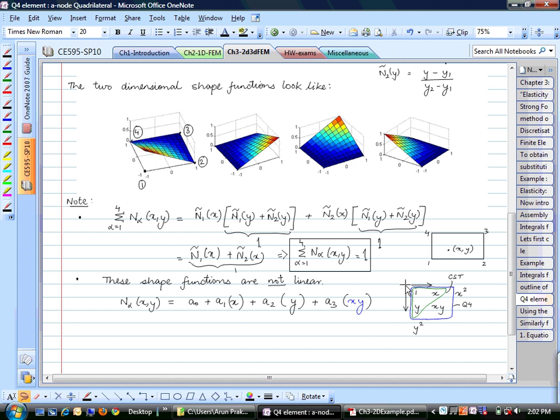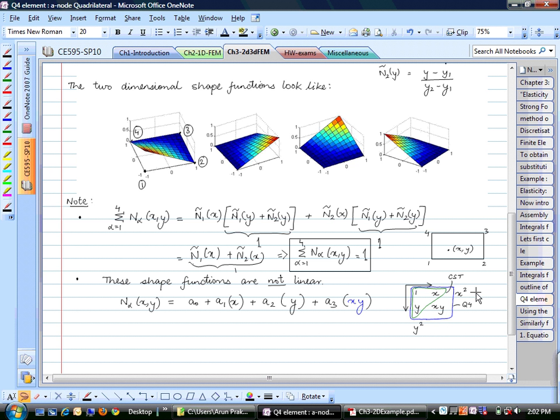If you have higher order elements, this we will see again later on. But if you have higher order elements, you can list the powers of x along the x-axis. You can list the powers of y along the y-axis, and you can see that the triangle captures these coefficients, and this 4-noded rectangular element captures all these 4 types of polynomials.